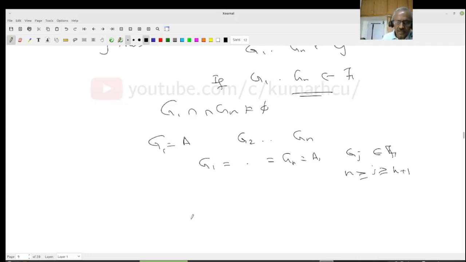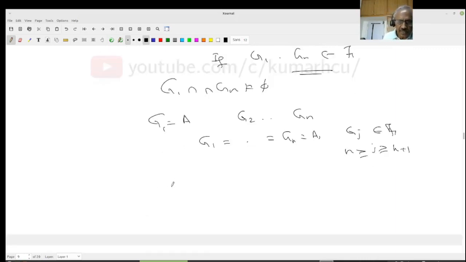Now what do I know? I have to say this is non-empty. How do I do that? Let us look at A. G1 intersection Gn is A intersection Gk+1 intersection Gn.